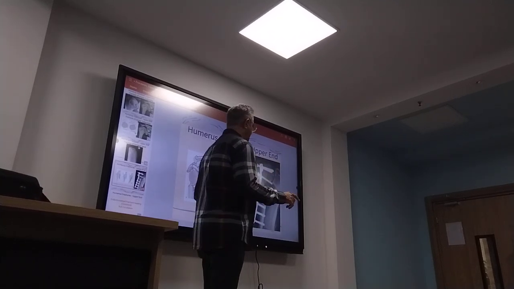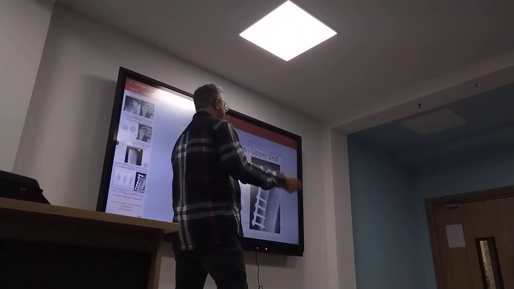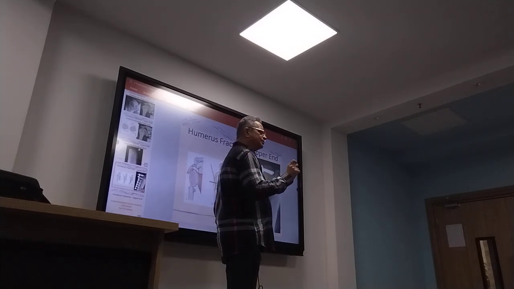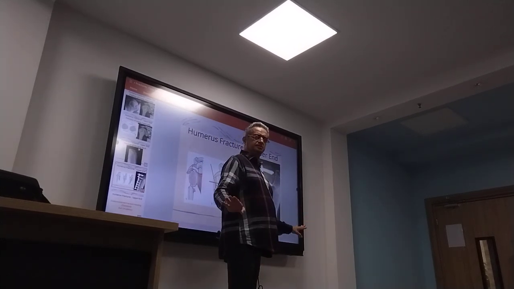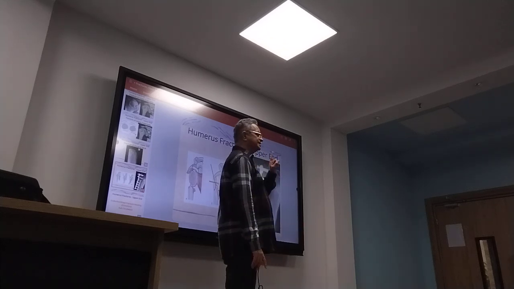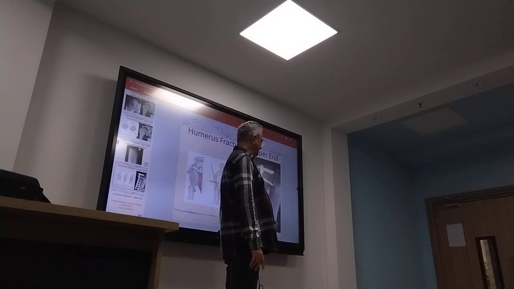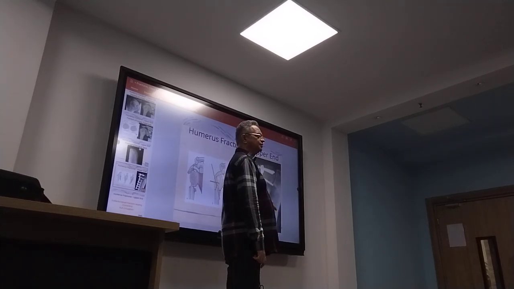Okay, there are two rules for any kind of fracture. First, the width of any screw must be at most 20% of the width of the bone. Clear? Okay, the second rule, the total width of the screws must be at most equal to the width of the bone.